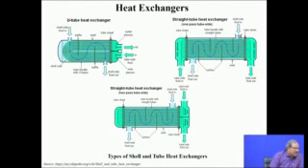The shell side fluid, on the other hand, flows in a tortuous path because of the presence of the baffles and is collected over here. So both the shell side fluid and the tube side fluid go through this heat exchanger only once.